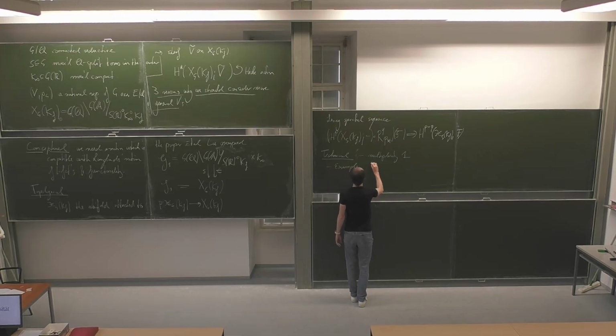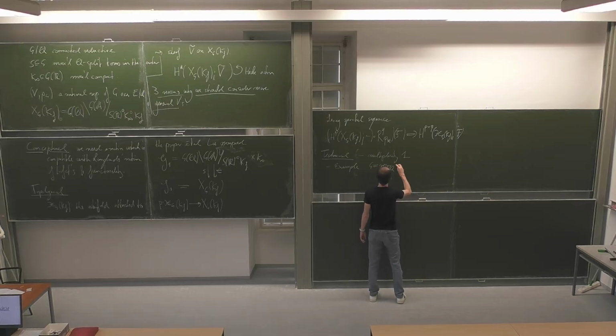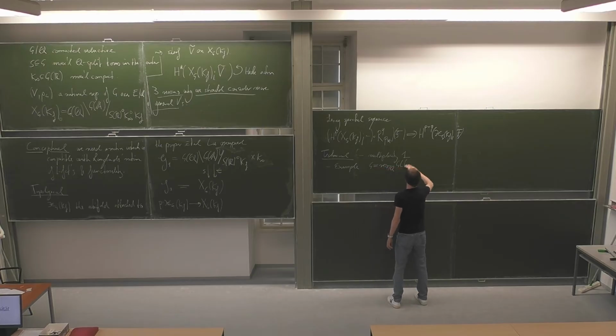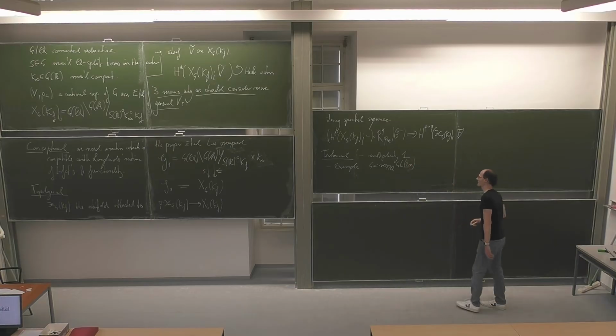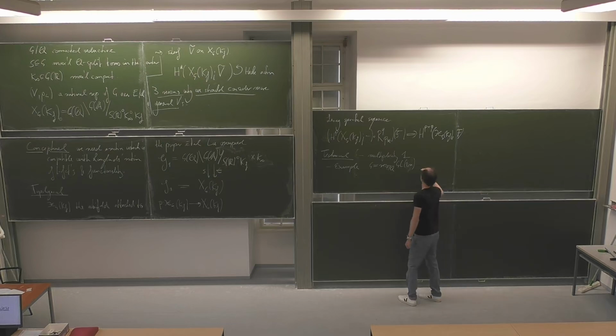I take G to be the restriction of scalars from F over Q of GL_n, being a little more explicit, where F over Q is totally real.